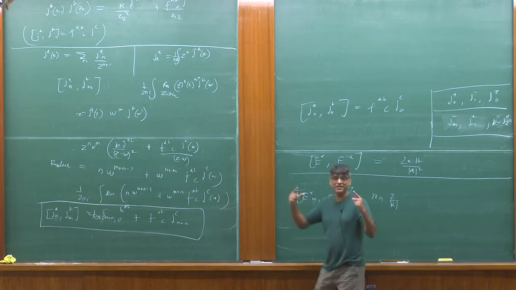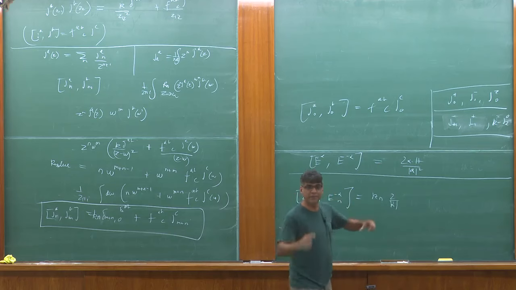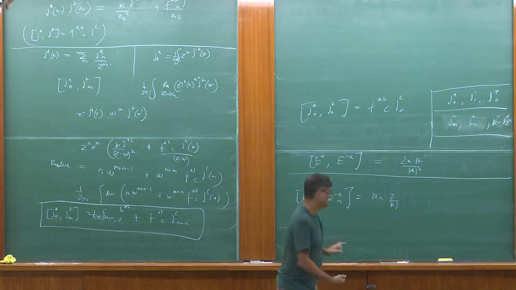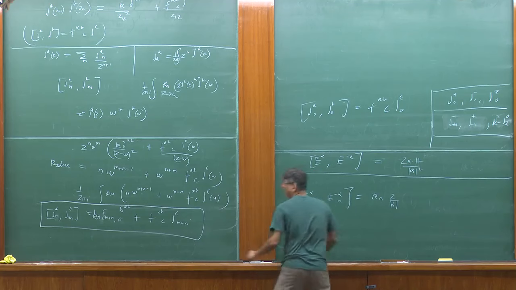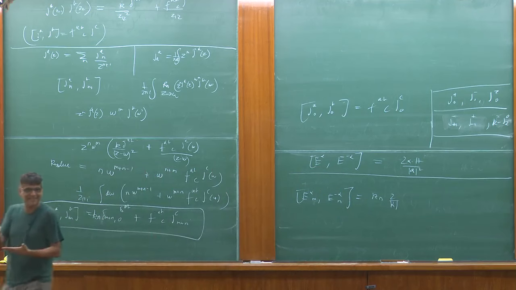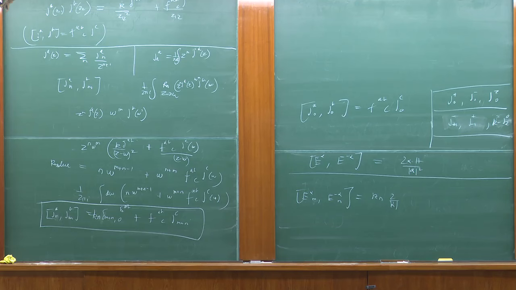Right, because if you remember, we had chosen the trace of E alpha, E minus alpha to be 2 by mod alpha squared. So this delta AB in that normalization clicks with the 2 by mod alpha squared. Right? Okay, so we get this.